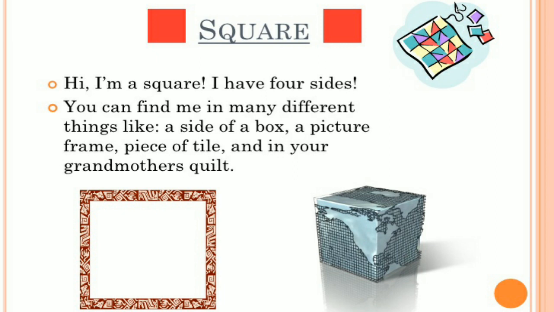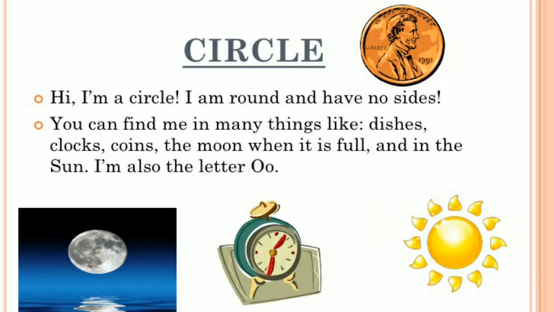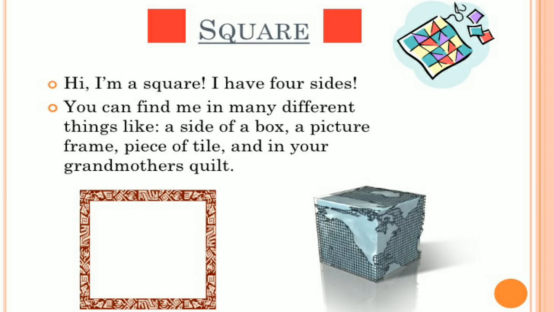So students, in today's lecture we found a circle. A circle has no sides, and then a square. A square has four sides, and our handkerchief is also square.